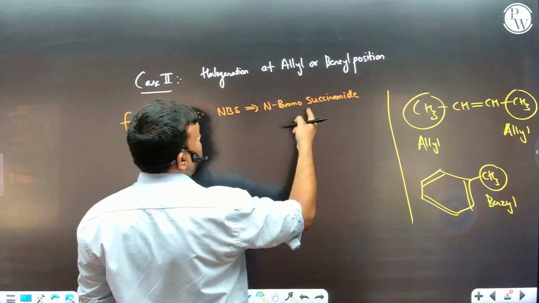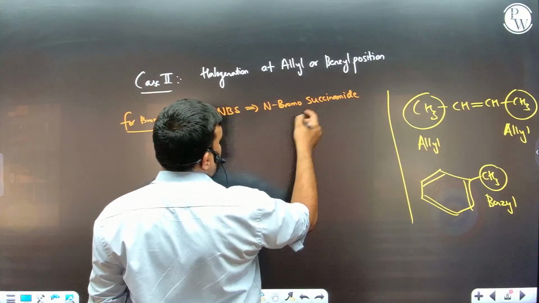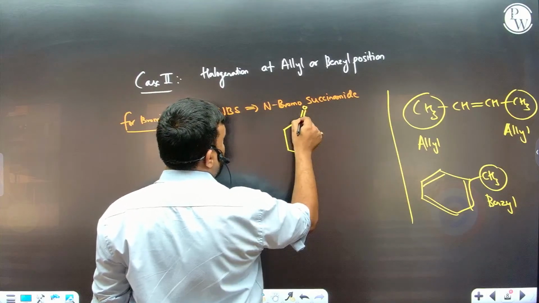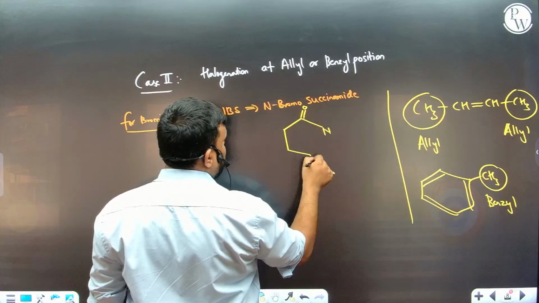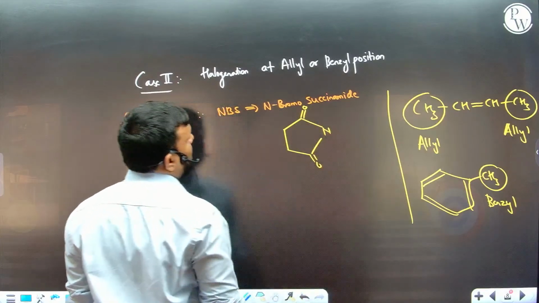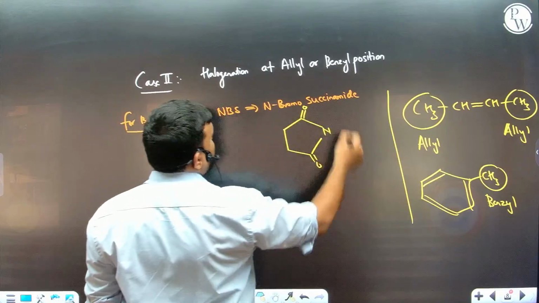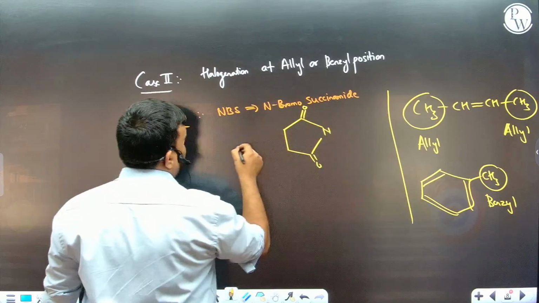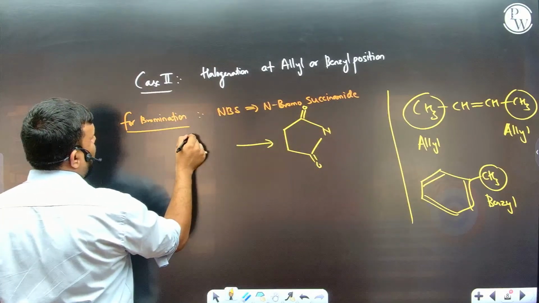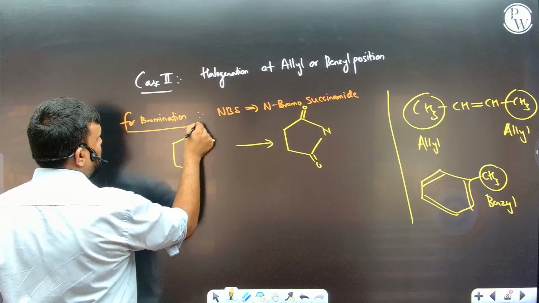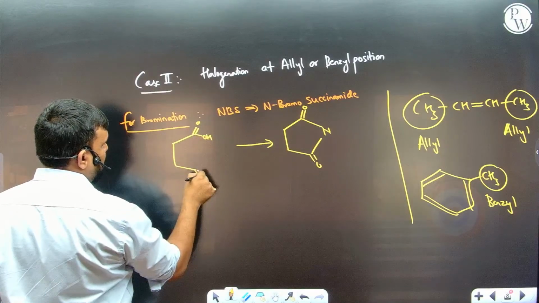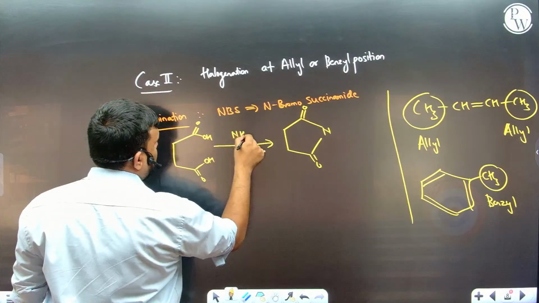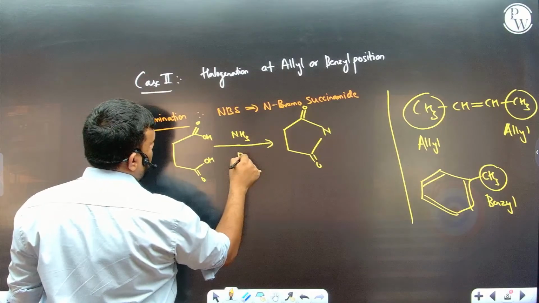See, succinamide means we already studied in the OMS gap. S stands for succinic acid. So this is actually a salt which is obtained by reaction of succinic acid with ammonia. I am giving you the method of how it was prepared. This is nothing but succinic acid, and this succinic acid was reacted with ammonia and followed by the bromination.